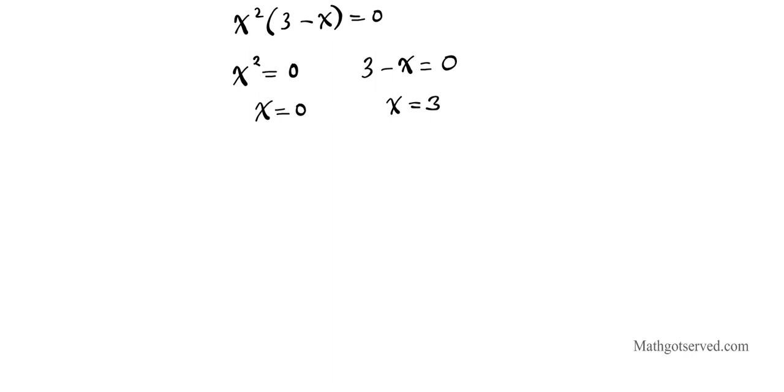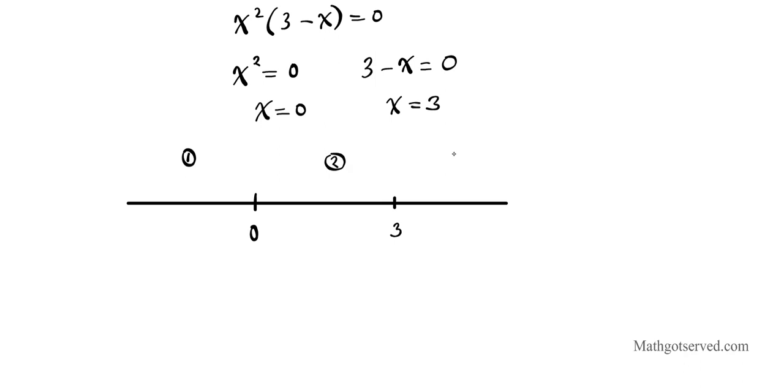To see which, if any, are points of inflection, we're going to create a boundary and graph it. We have 0 and 3. So this is region 1, region 2, region 3. Now what are we going to test here? We're looking for a sign change for the second derivative.